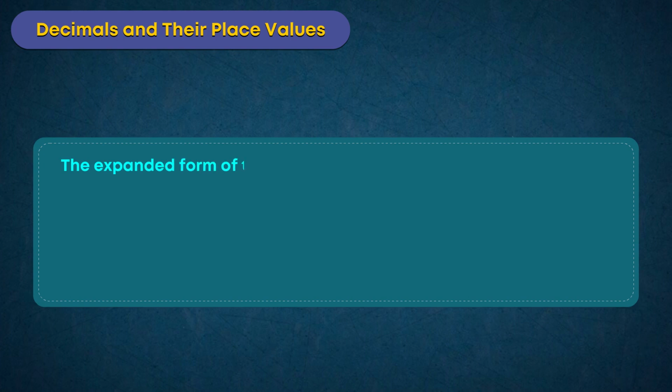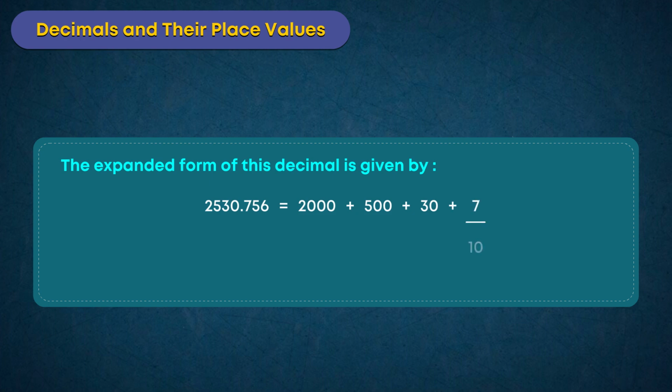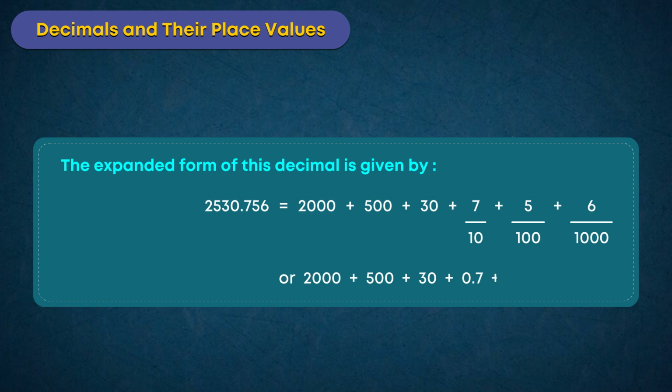The expanded form of this decimal is given by 2530.756 is equal to 2000 plus 500 plus 30 plus 7 by 10 plus 5 by 100 plus 6 by 1000, or 2000 plus 500 plus 30 plus 0.7 plus 0.05 plus 0.006.